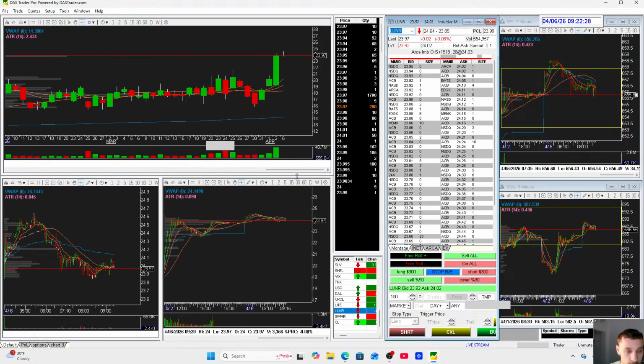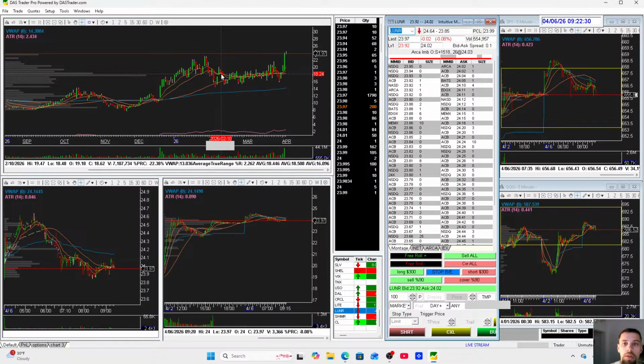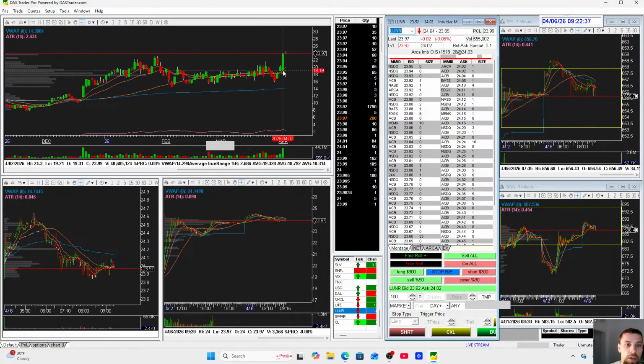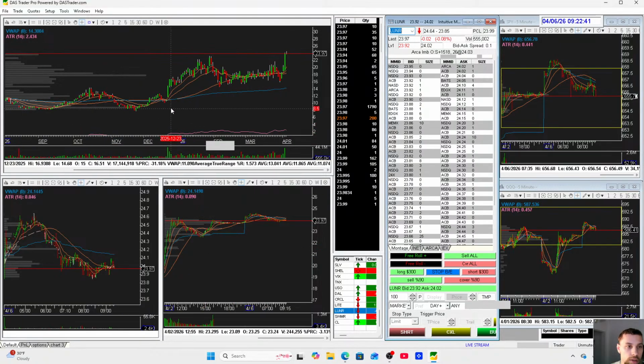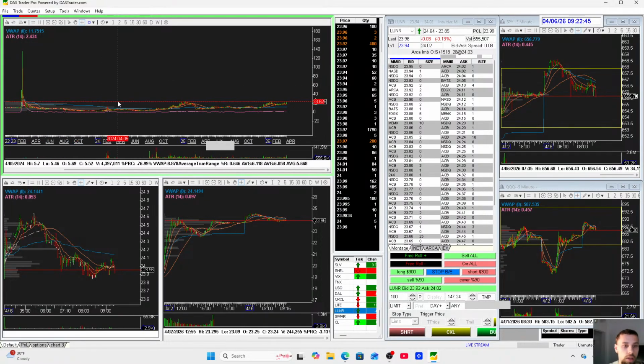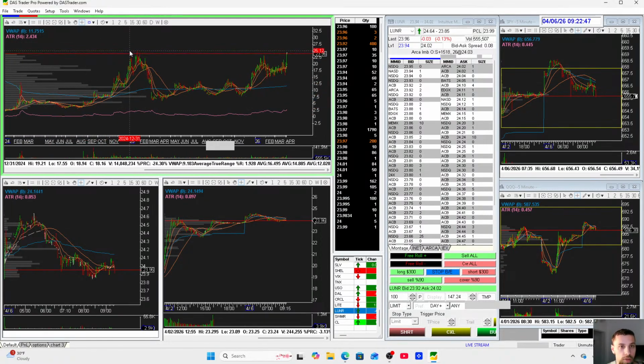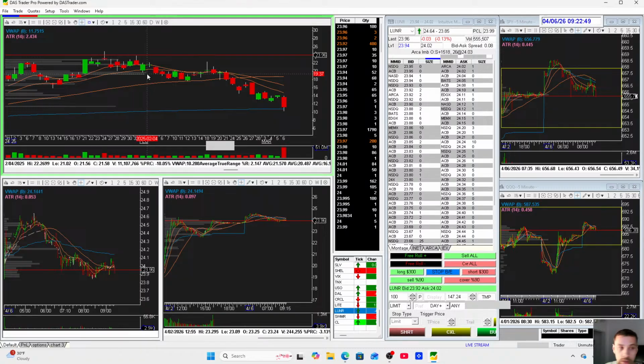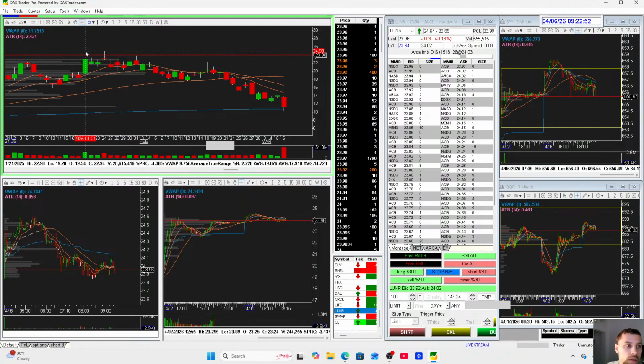Lunar was another one here. Had a big breakout day, lots of volume relative to other days. You can see it's at a really significant area of resistance from the past, with the high being like $25 here.